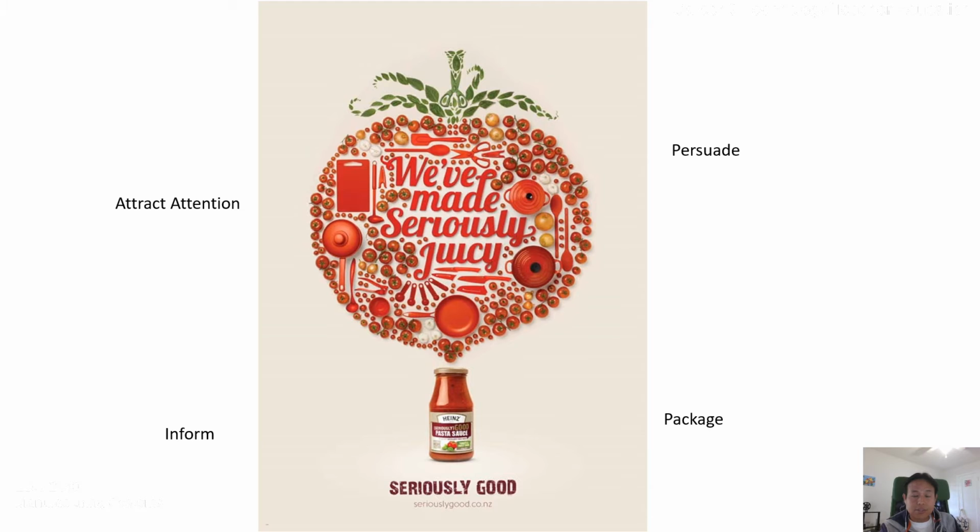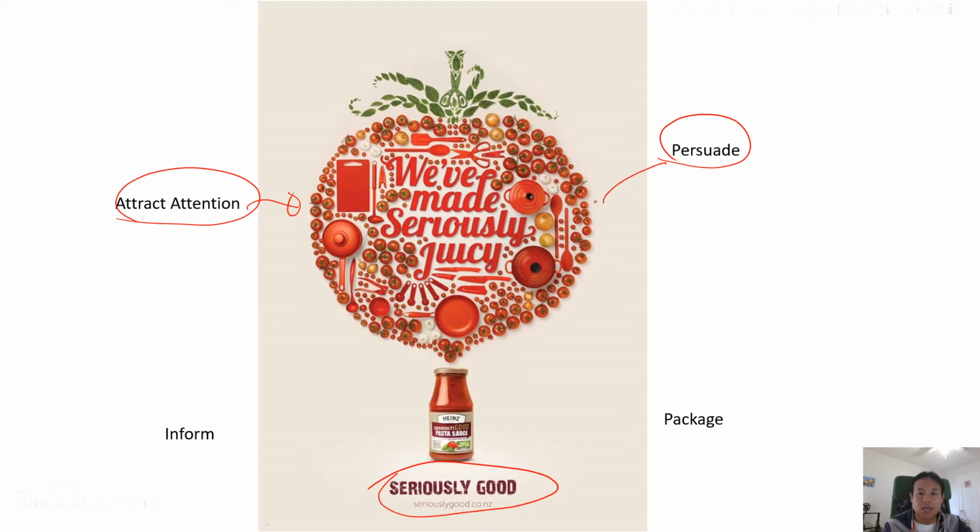The next one is also the same. It attracts us by showing a tomato, because it is a pasta sauce. It says it's seriously good, and it seems to persuade us, saying we made the sauce seriously juicy. It also has packaging and details here, which inform us about this product.